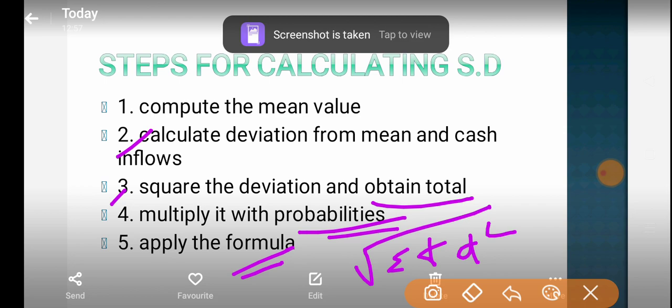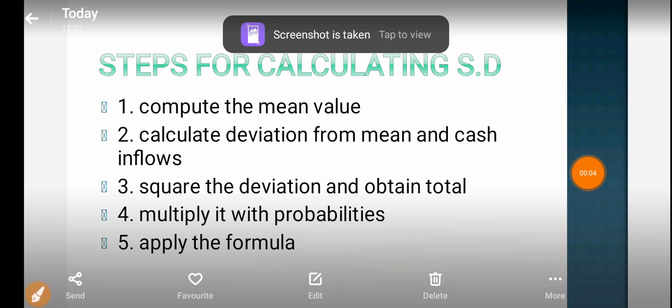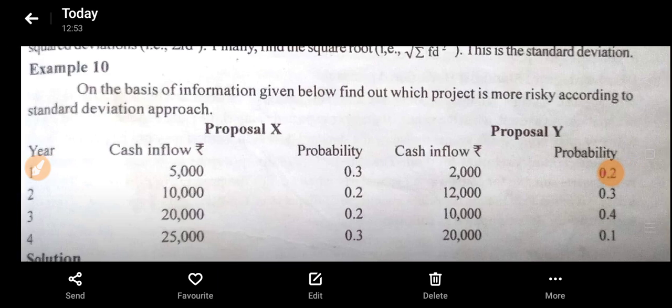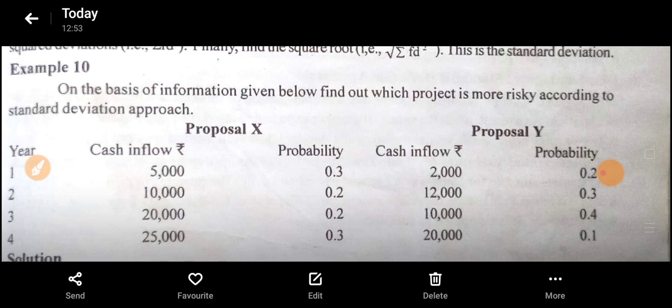Now I think the steps are clear for you, so we are moving toward a question now. There is a question for you: how can we calculate the standard deviation of risk? On the basis of the information given below, find out which project is more risky according to the standard deviation approach.